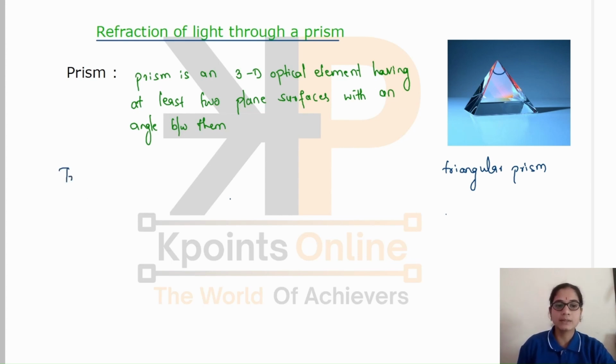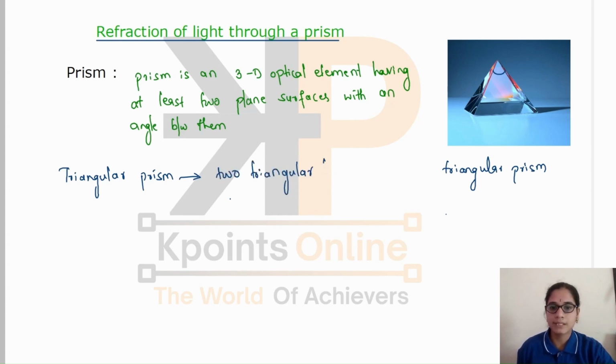Yes, the triangular prism consists of two triangular bases and three rectangular lateral surfaces. These are the triangular surface.